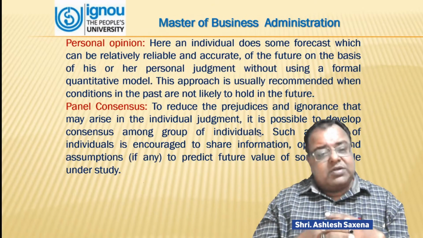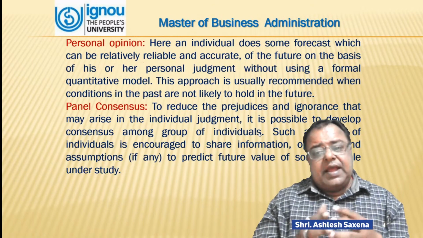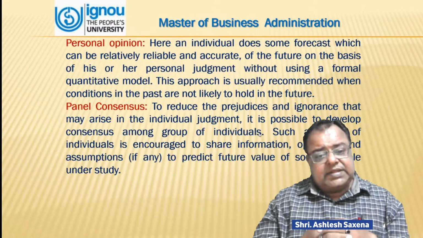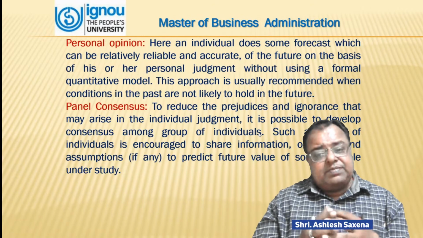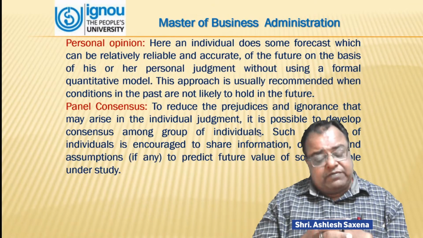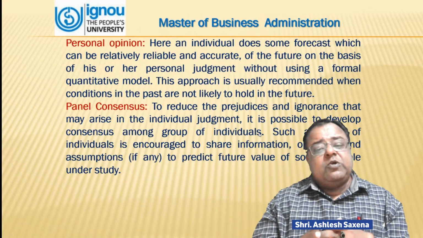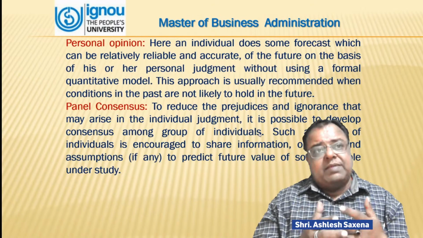Panel consensus. To reduce the prejudice and ignorance that may arise in individual judgment, it is possible to develop consensus among a group of individuals. Such a panel of individuals is encouraged to share information, opinions, and assumptions, if any, to predict the future value of some variable under study.